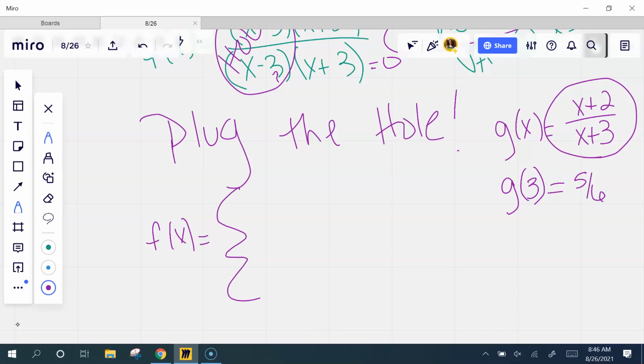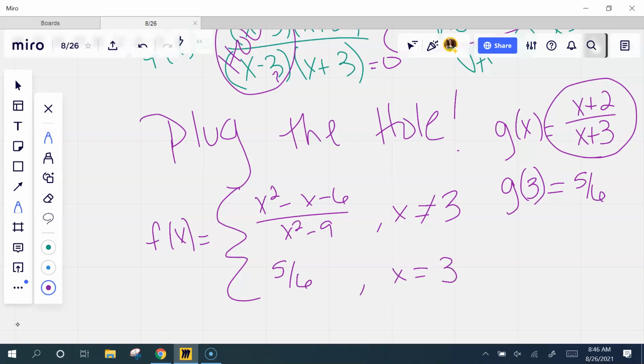We're going to say that f of x equals x squared minus x minus 6 over x squared minus 9 when x does not equal 3. But when x does equal 3, it's just going to be 5 over 6. So this is what we call an extended function.